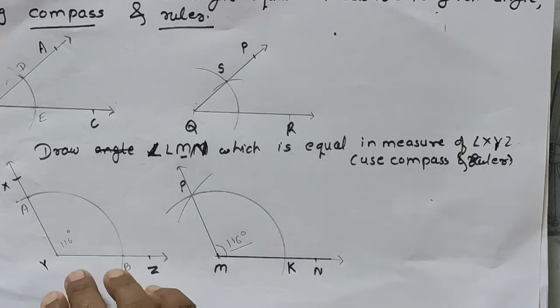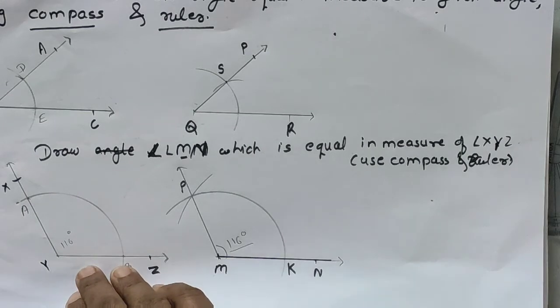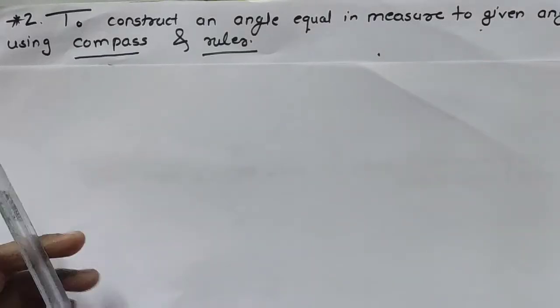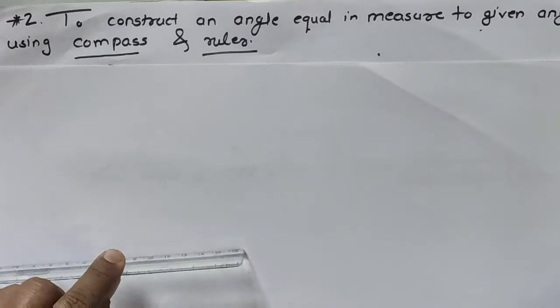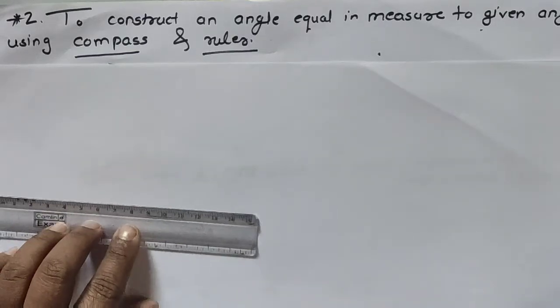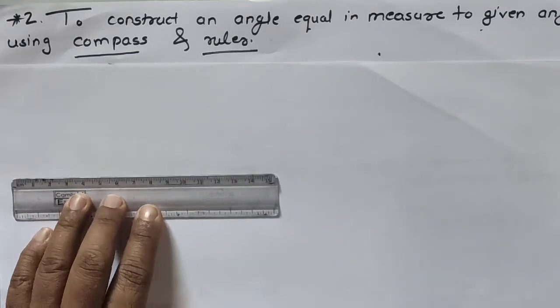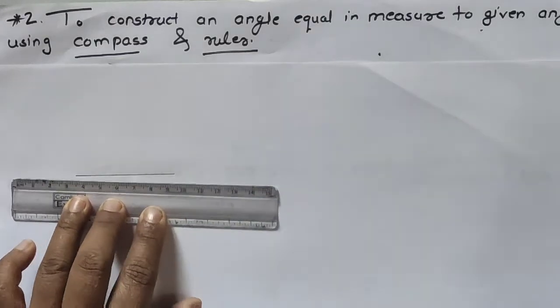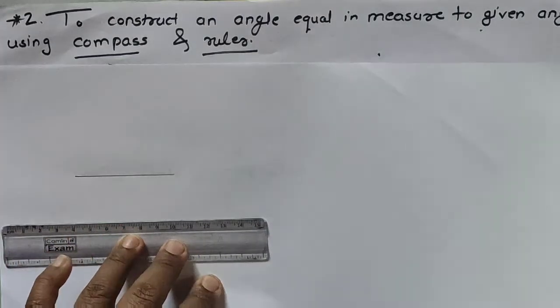Okay, now we will see how to construct an identical angle for a right angle.